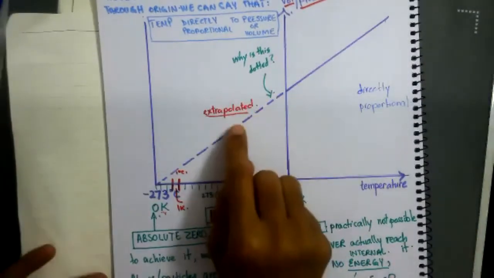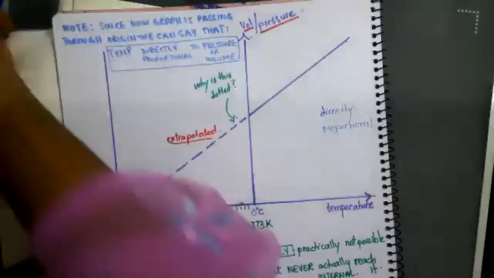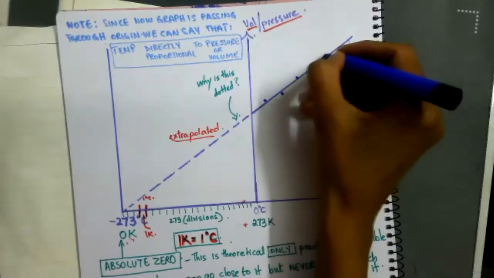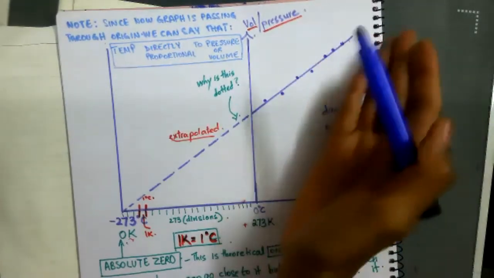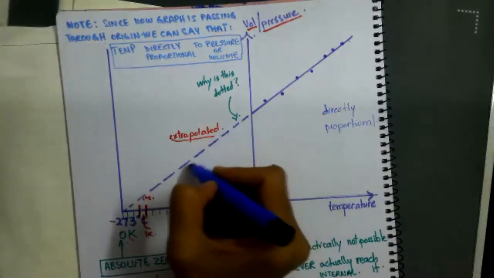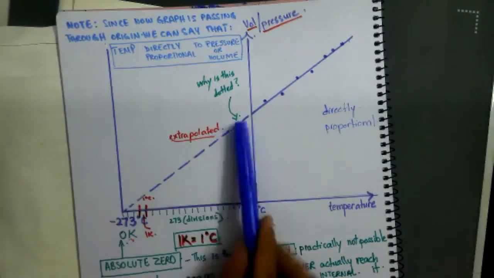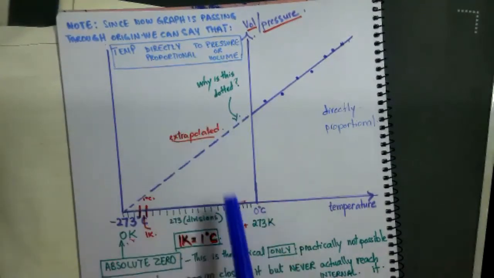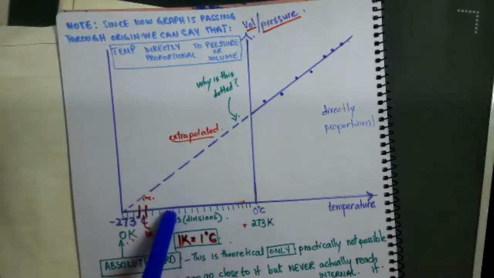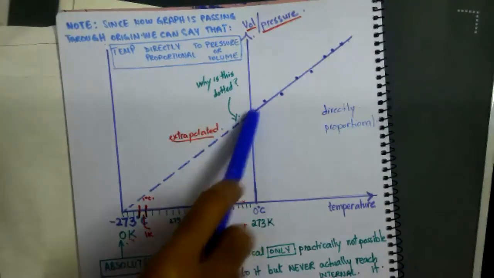Practically we got values here, but then we extended it theoretically. We did not get these values from any experiments, because obtaining these temperatures and performing experiments at these extreme temperatures is not practically possible. Therefore we just extended it.